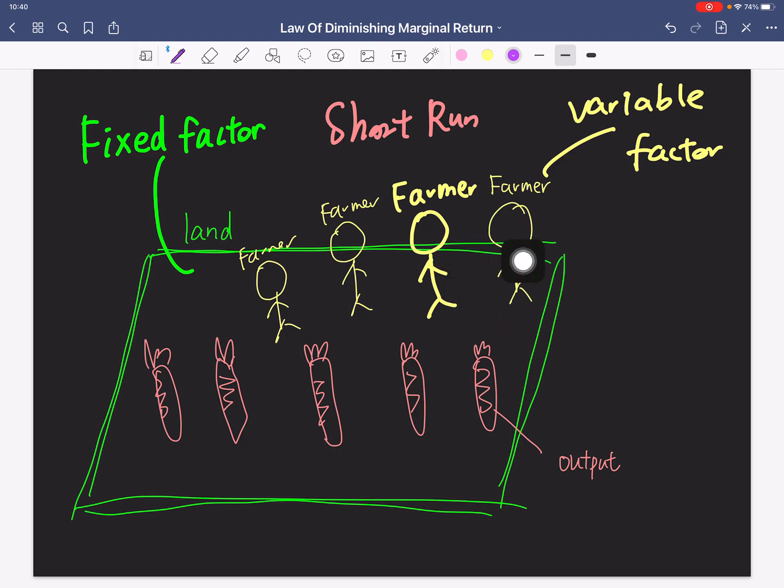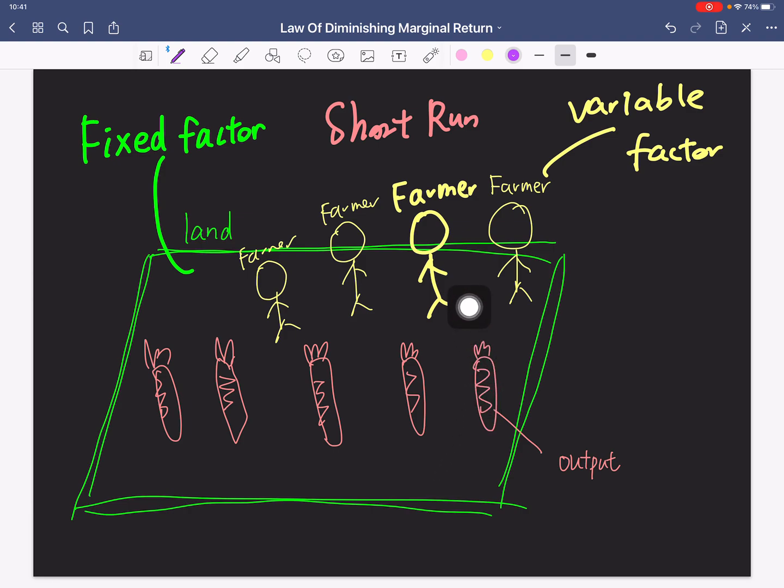I can try to employ more farmers, make them work on this area. So I can keep employing more and more farmers, because I can adjust the number of farmers employed in this production process.